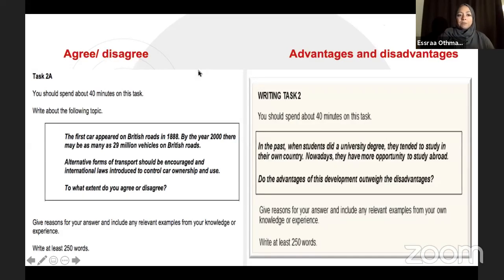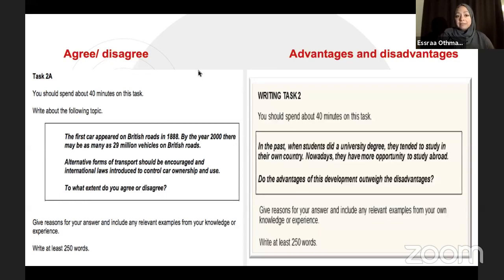Thank you very much. Now, when it comes to time management, time management is crucial here because you are looking at writing 400 words in total, both topics, in 1 hour. It says here that it's preferable that you spend 40 minutes on Task 2 and 20 minutes on Task 1.